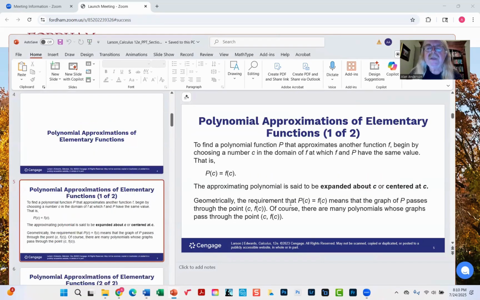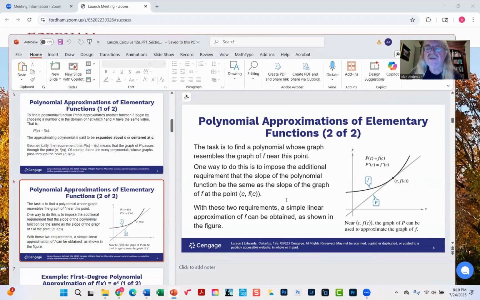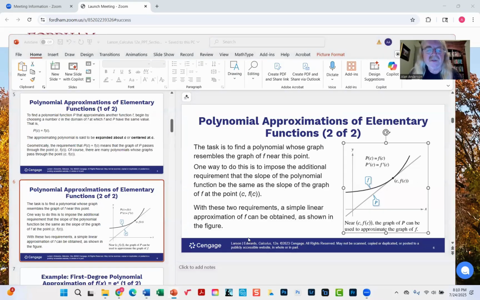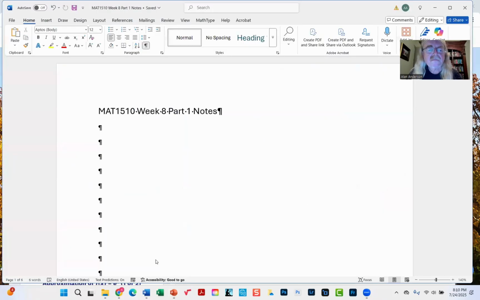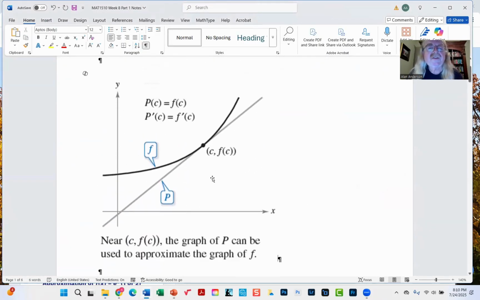And so we start by noting that what we're trying to accomplish, as you can see in this graph, is to take a function of some kind and approximate it as best as we can. In this case, the function is f that we're trying to approximate.